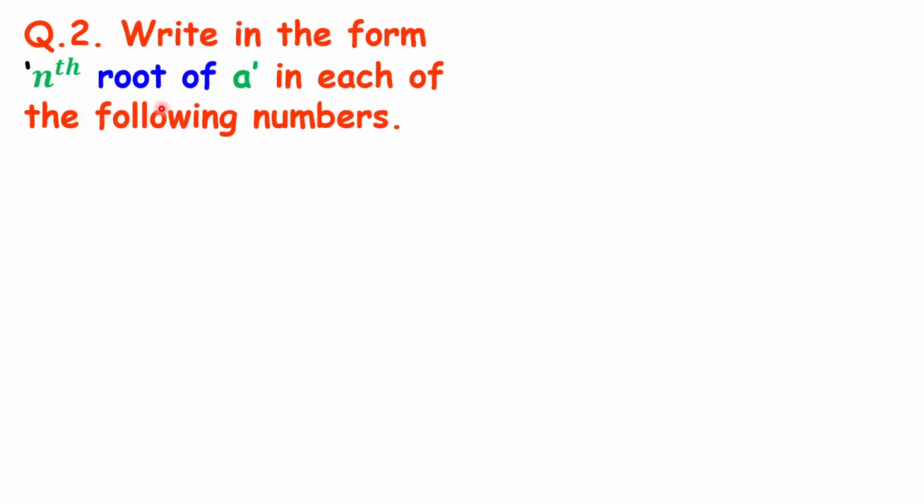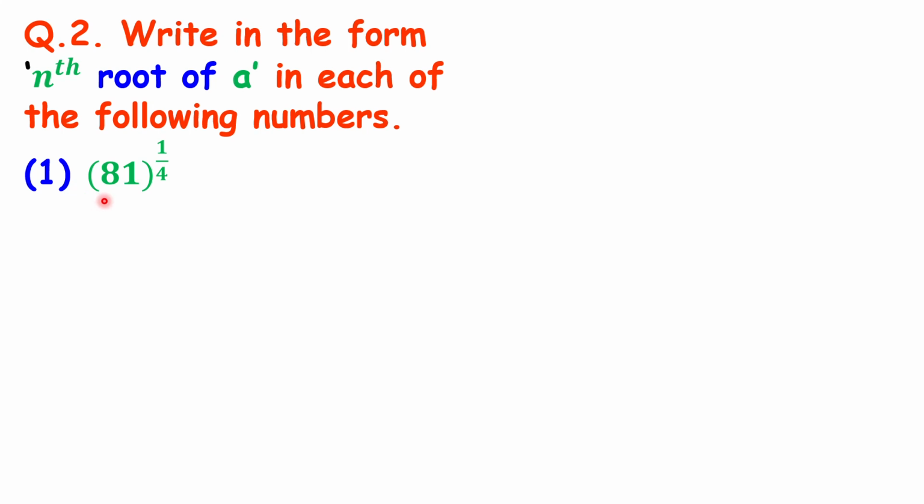Question number 2. Write in the form of nth root of a in each of the following numbers. Here examples are given in the index form and we have to write nth root of a in this form. Example first, 81 raised to 1 upon 4. In this method, you first observe which is the base and which is the index, and in index which number is at the denominator place.